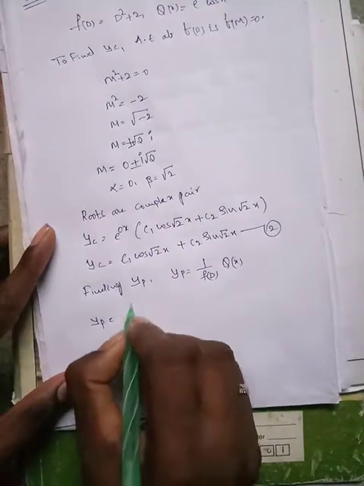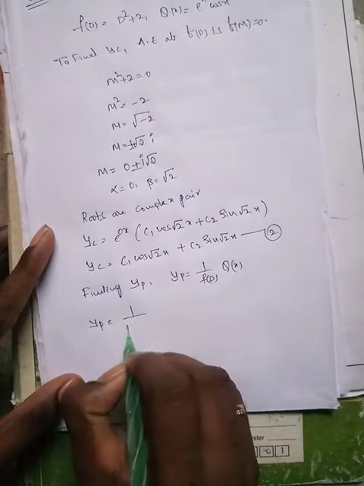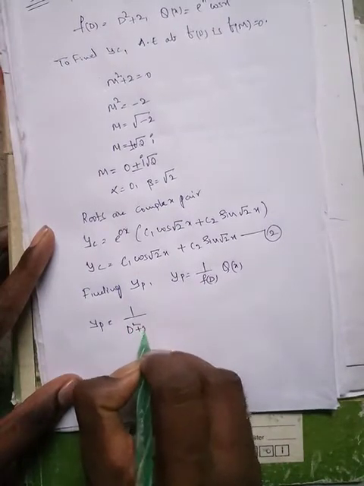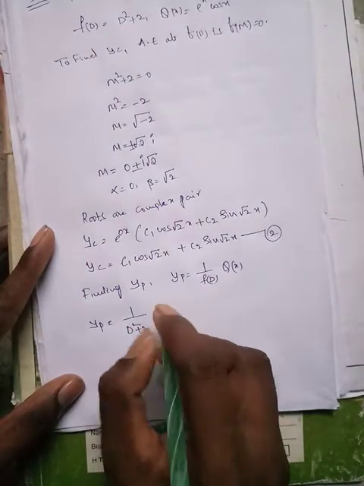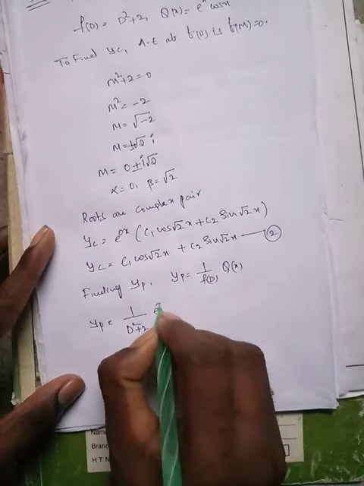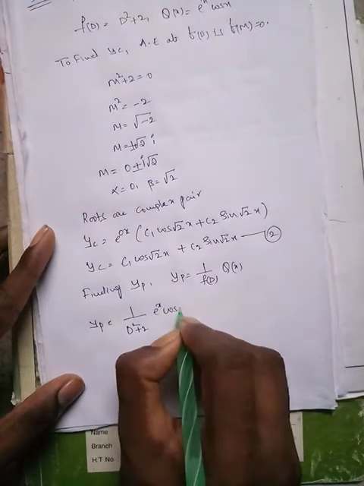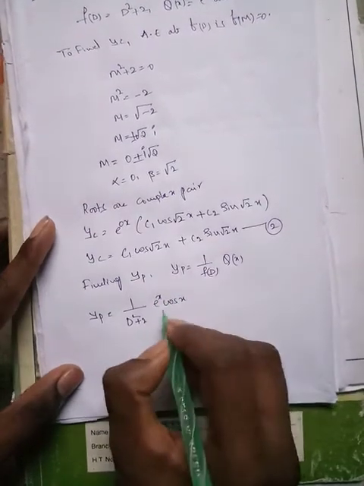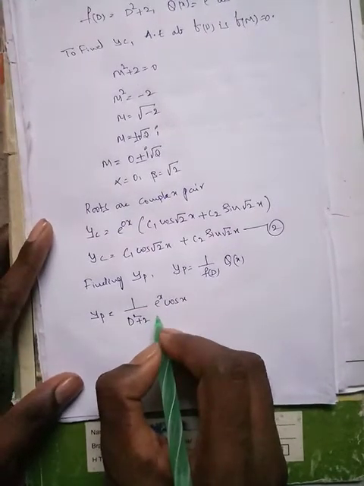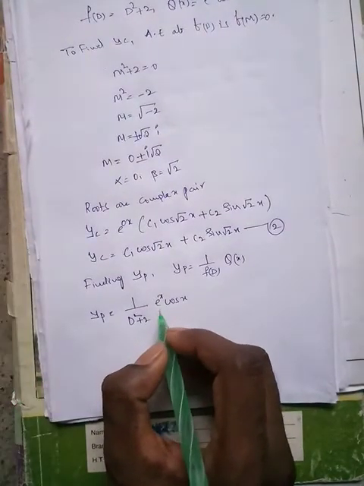Yp equals 1 by f of d, f of d equals d square plus 2, into q of x, which is e power x cos x, right? First we need to neutralize e power x. How are we going to neutralize e power x?